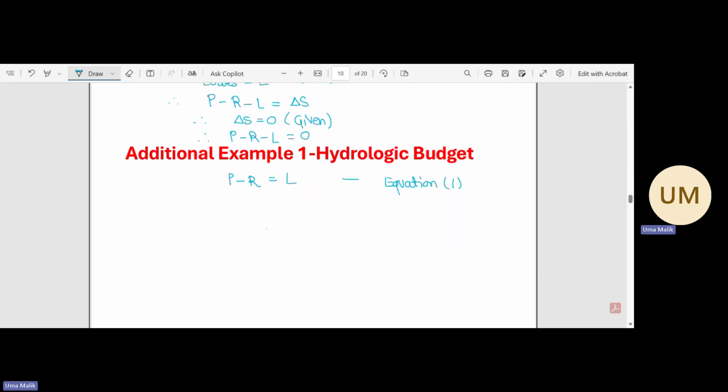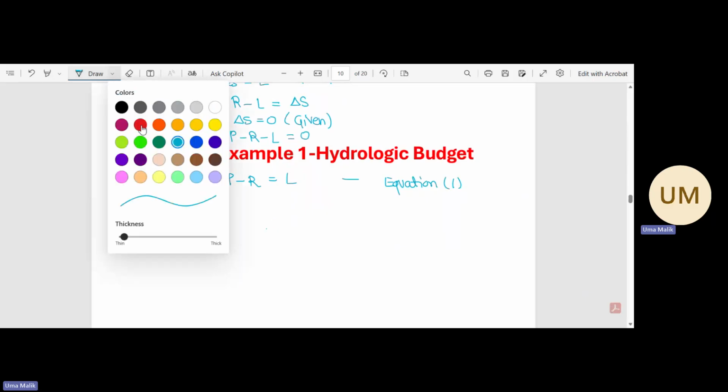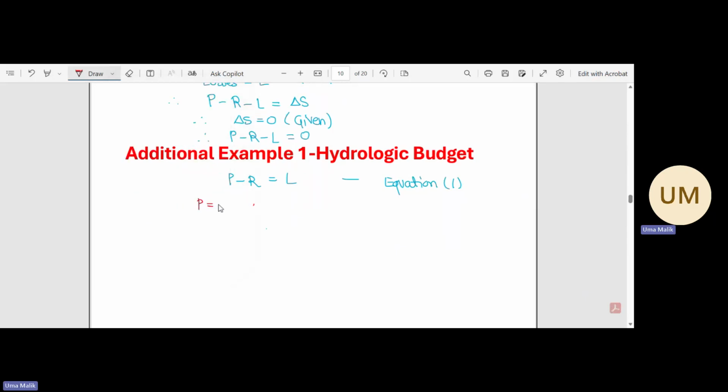We already know that, right? So P is equal to 10.5 centimeter. R is given in meter cube per second. So either you convert R to centimeter or you convert P to meter cube.